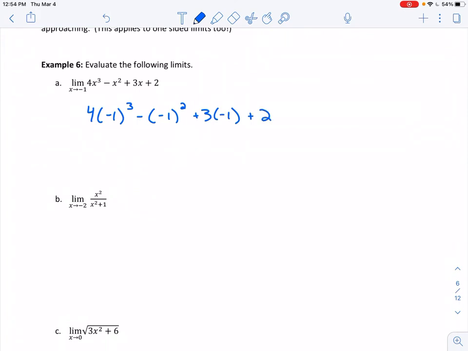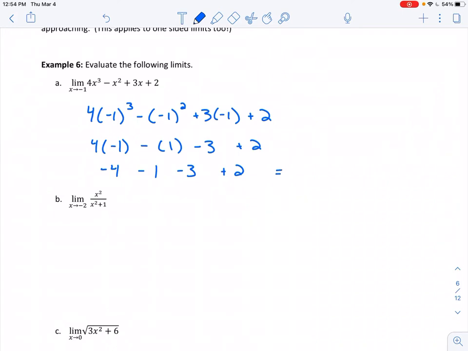So I'm just going to evaluate this and see what I get back. Here I'll end up with 4 times negative 1 minus 1 minus 3 plus 2. So let's see, negative 4 minus 1 minus 3 plus 2. Negative 5, negative 8.